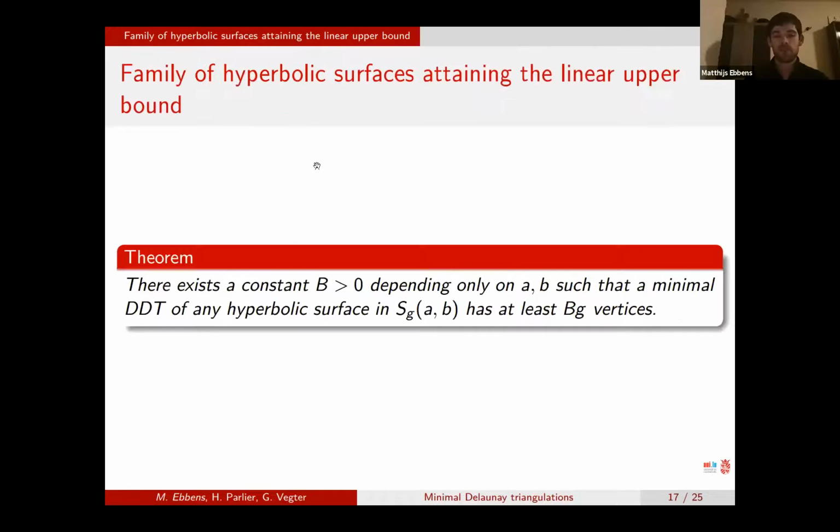So the set S_{g,a,b} will consist of all the surfaces of genus g that you can get by pasting together pairs of pants with lengths in this interval [a,b]. And so the theorem says that there is some constant b depending only on these parameters a and b and not on the genus, such that we have a linear number of vertices.